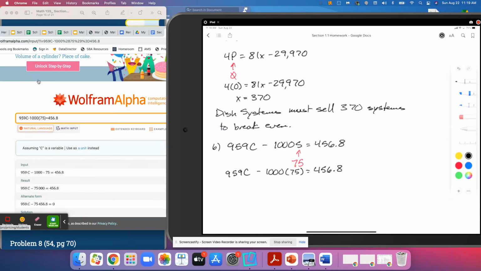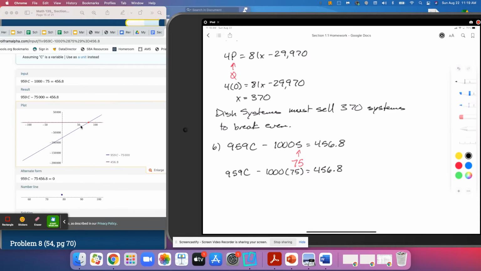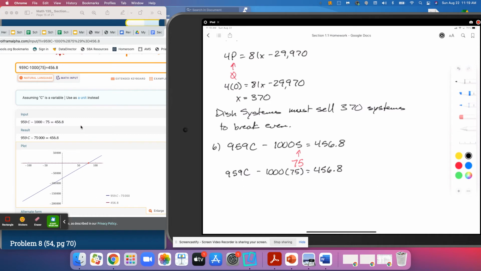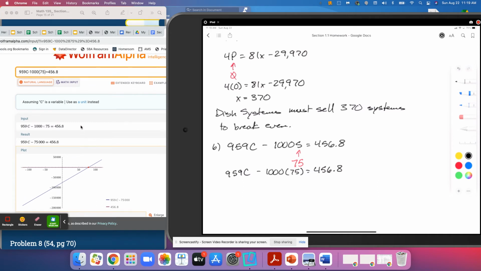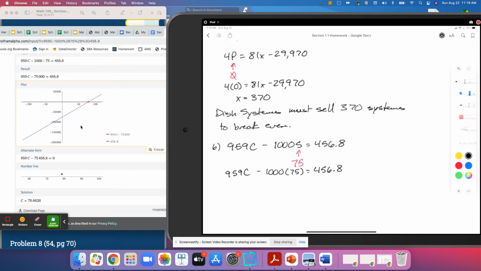And so in this case, Wolfram is going to say, it's assuming C is a variable, and it's asking, do we want to use it as a unit instead? The answer to that is no. But it is not giving us, oh, there it is. The solution is way down there. There we go, 78.